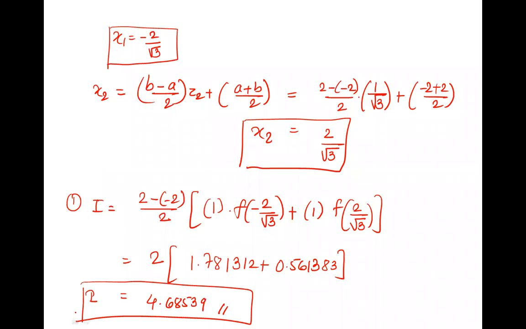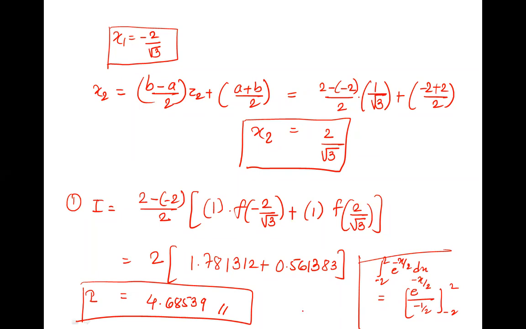4.68539. You can check the actual value also if you want, so you can compare. So it is the integration of e raised to minus x by 2 dx from minus 2 to 2. What is its integration? The integration of e is e itself upon the derivative of this, which is minus 1/2. That is from minus 2 to 2.